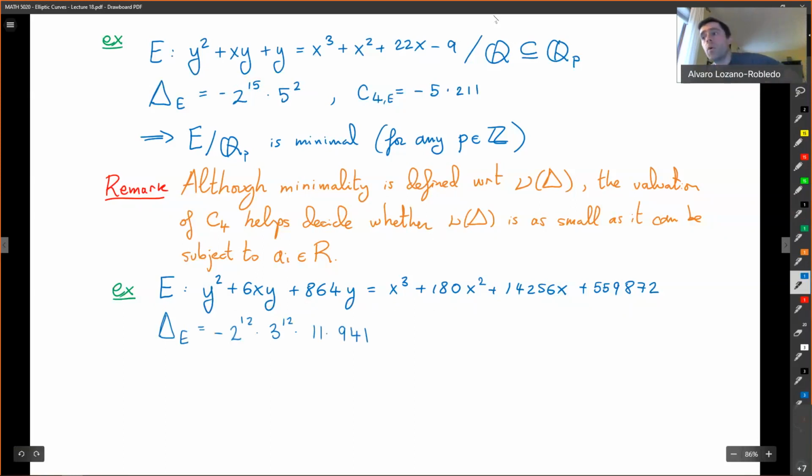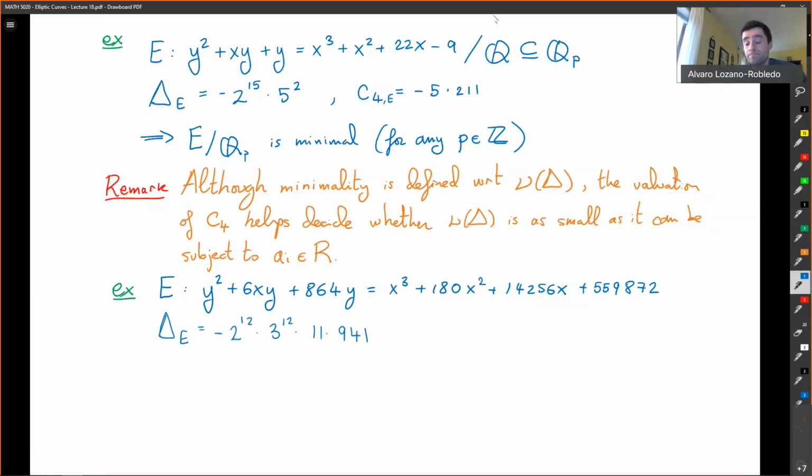Not knowing c4, I know that this is minimal for every prime bigger than 3, because for any prime bigger than 3 other than 11 and 941, the valuation at p is 0. For 11 and 941 it is 1, so it's less than 12, so they're minimal. And for 2 and 3, possibly the equation is not minimal.